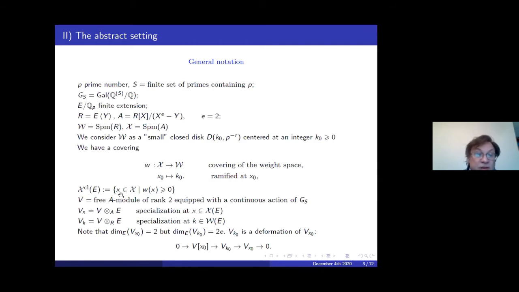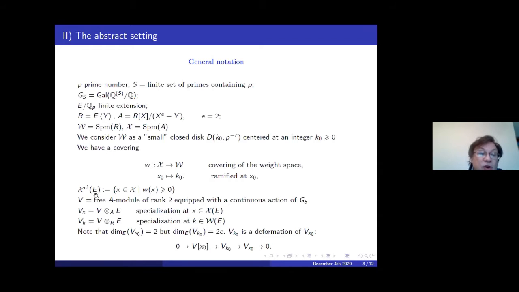And the main object of our study is a P-adic representation V of rank 2 with coefficients in A. So we will systematically consider the specializations of this representation at different points.